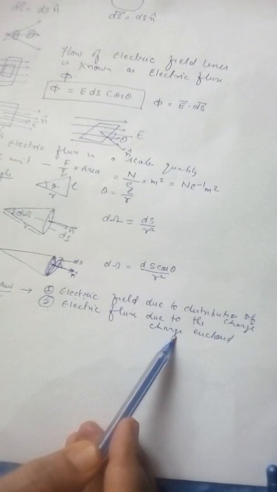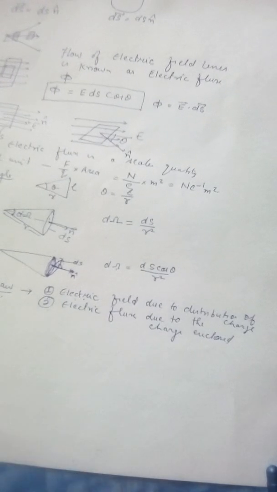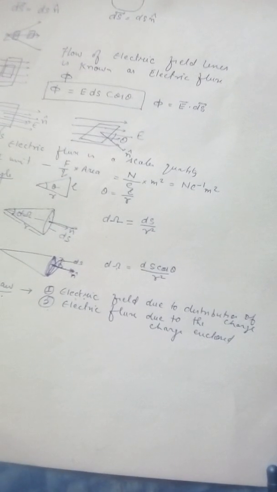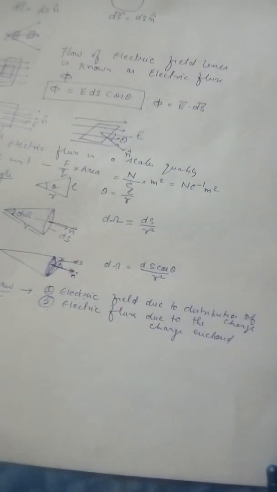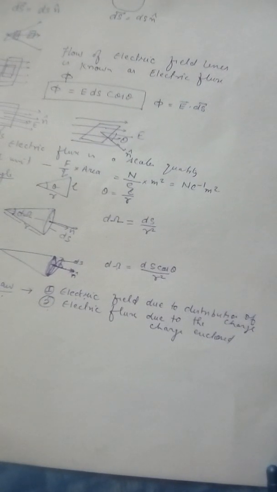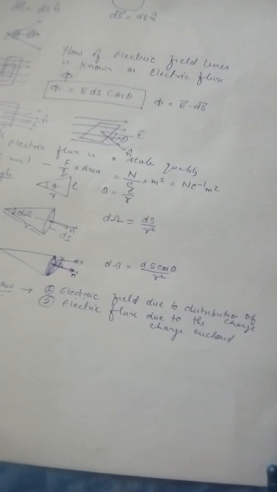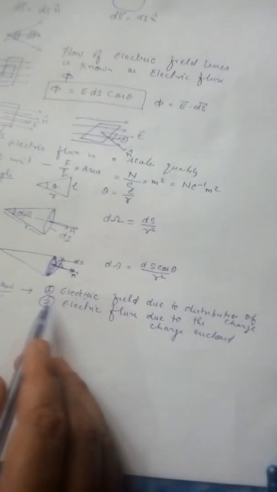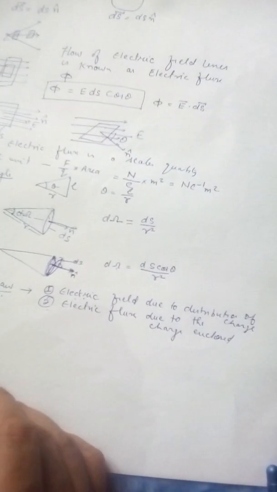Clear? Gaussian surface we will discuss, that one hypothetical surface, any closed surface which we will draw to enclose the charge due to which we have to find the flux. We will discuss that.